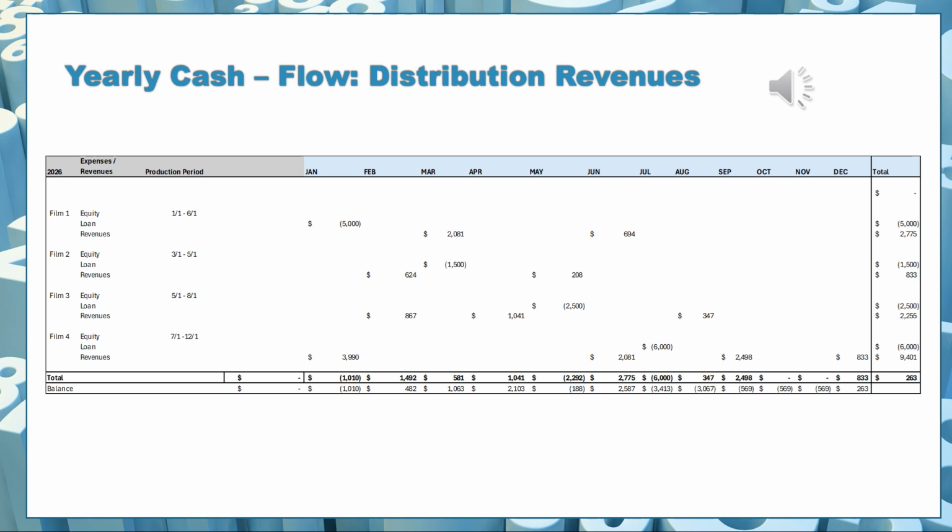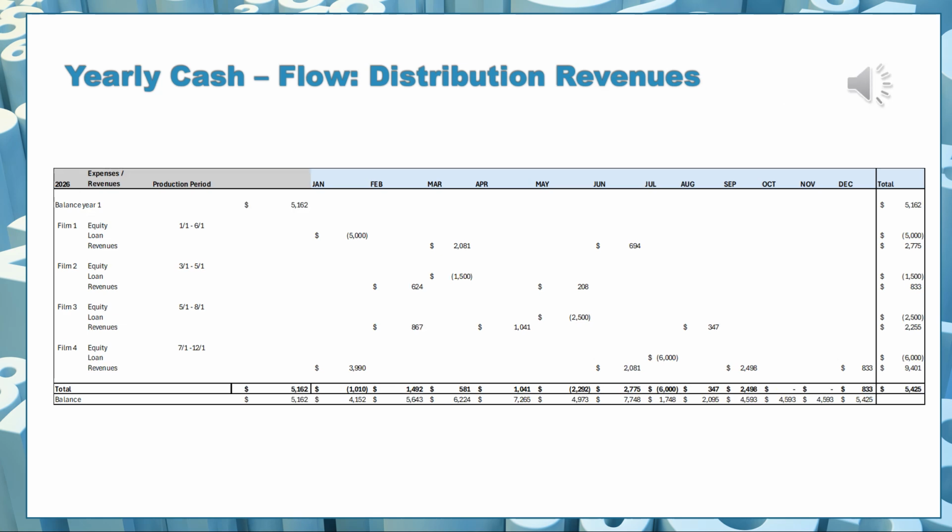In October, nothing changes. In November, nothing changes. So I'm still cash flow negative until December, when I'm getting my last payment for film 4 of $833,000. And now I'm cash flow positive at $236,000 for that year.